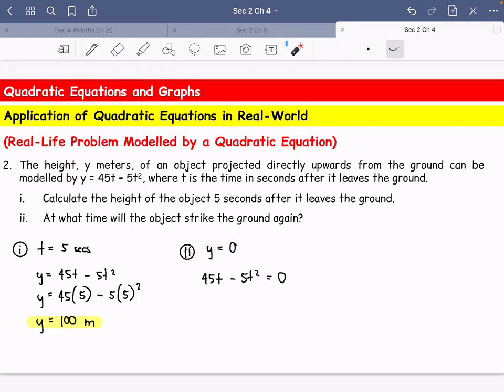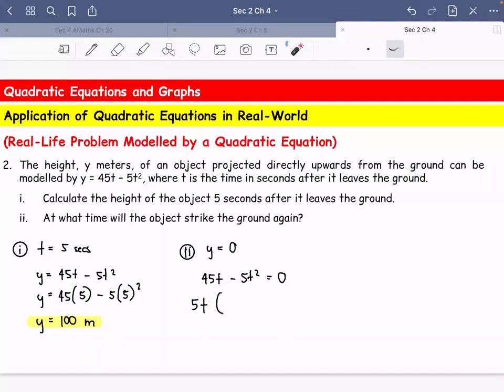Now this one is finding common factors. 45 and 5 are divisible by 5, right? And then you have t and t squared on both terms. But we always choose the one with the lower exponent or index. So your common factor is 5t.